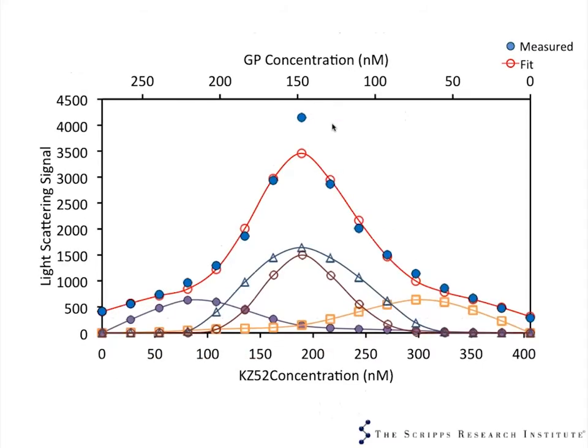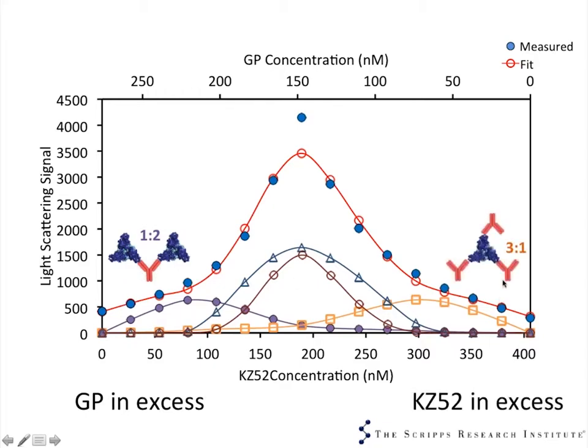Now, we did attempt to create a model to fit this data, and it was actually very challenging, primarily because these proteins are forming such large complexes. What we were able to determine was that we have 1 to 2 complexes, so an antibody combined to 2 GPs at once. We also have a trimer of GP binding to 3 antibodies at once.